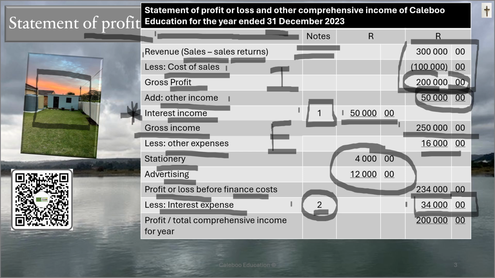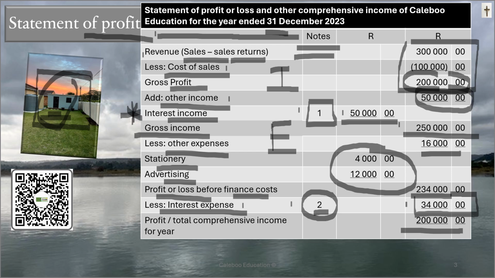So there we go. The interest expense was probably an interest on a loan or interest on a mortgage bond in order to purchase Calibu Education. It might have been financed, that office. And the cost of financing this building through a loan is the interest expense.